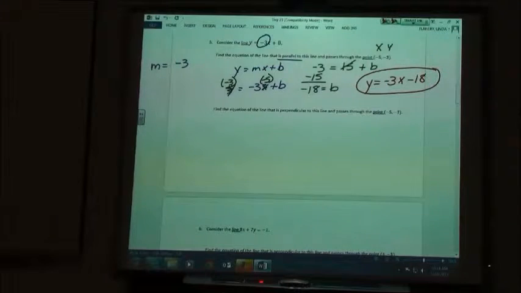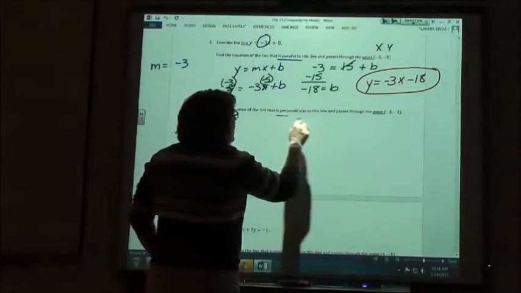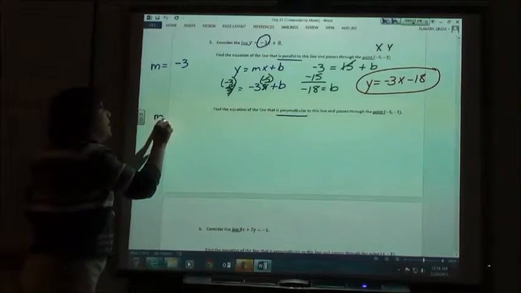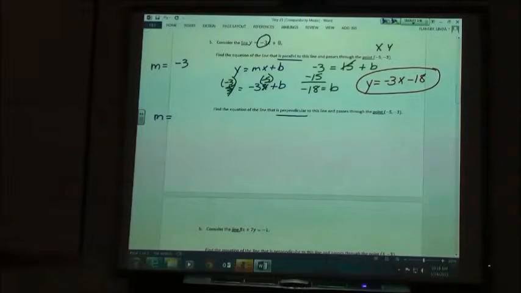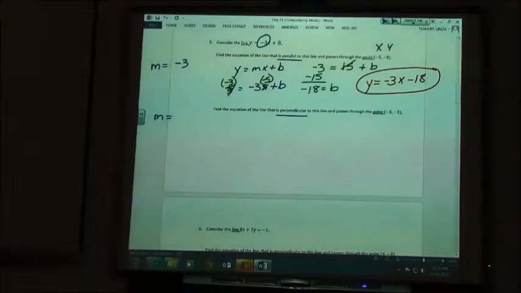Now, I want to do the equation that is perpendicular. So if it's perpendicular, what am I going to use for the m value? How do we find the perpendicular?